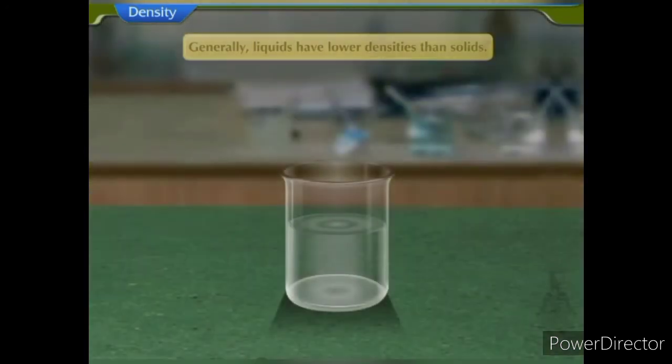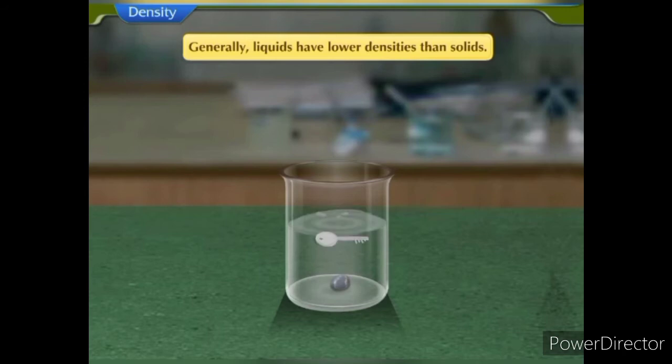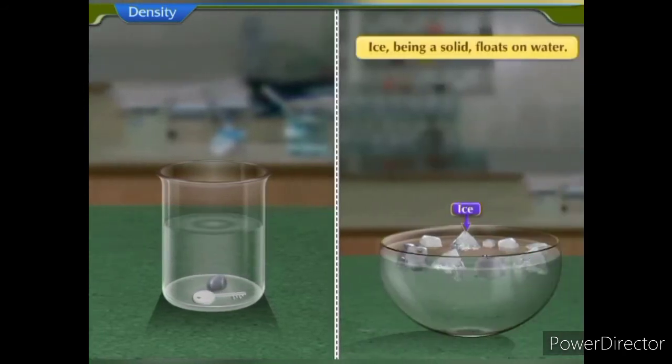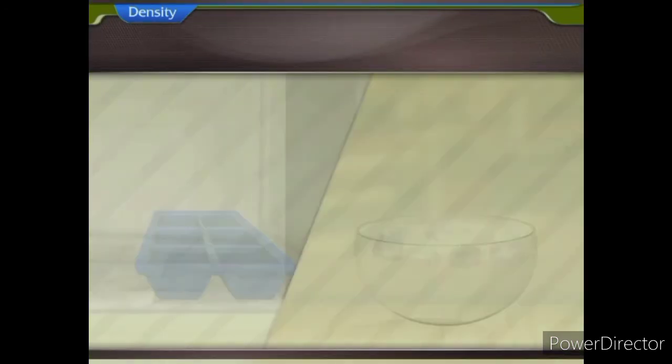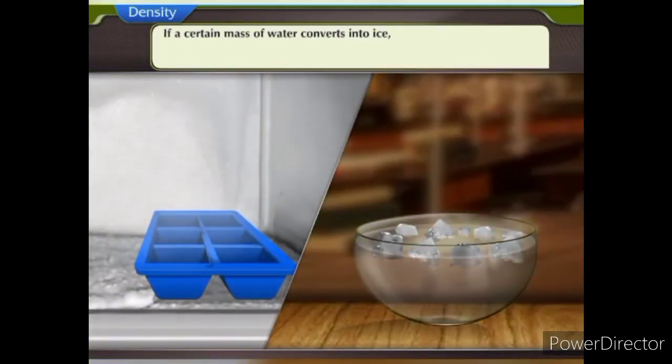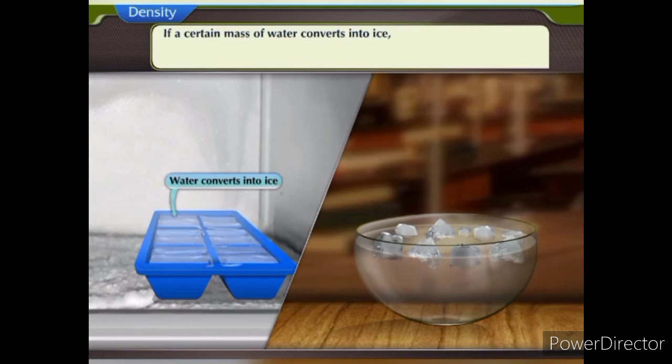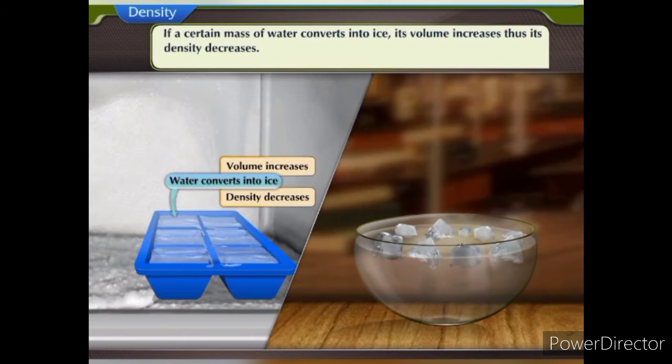As we have seen, generally, liquids have lower densities than solids. But ice, being a solid, floats on water. Why does this happen? If a certain mass of water converts into ice, its volume increases, thus its density decreases.